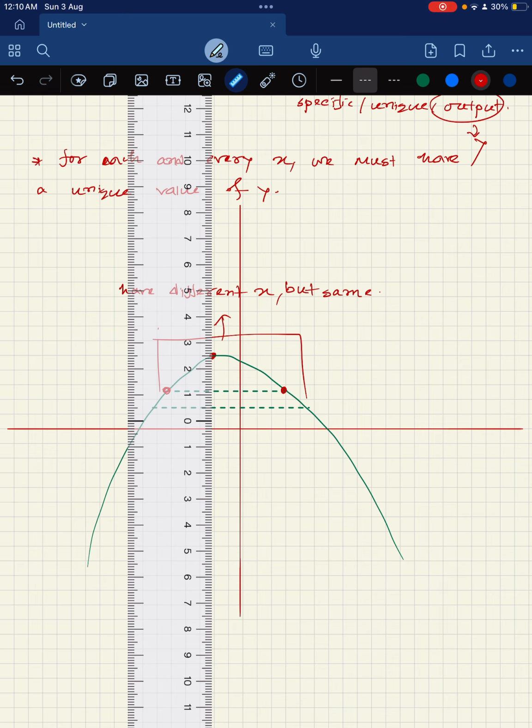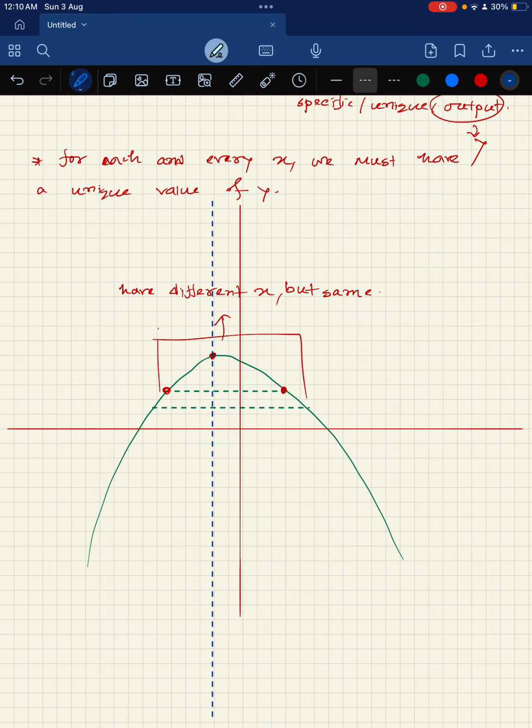If we put a line there, on the right side of the vertex, on that part, each x has a unique y or output.